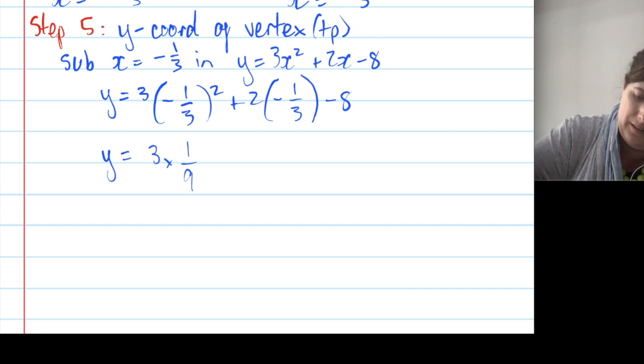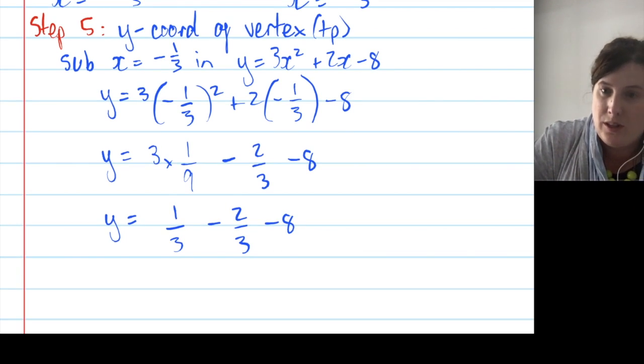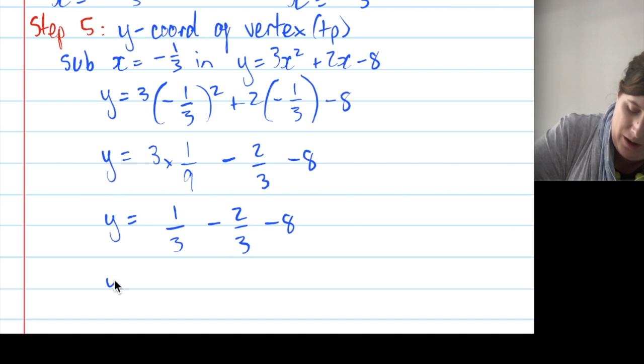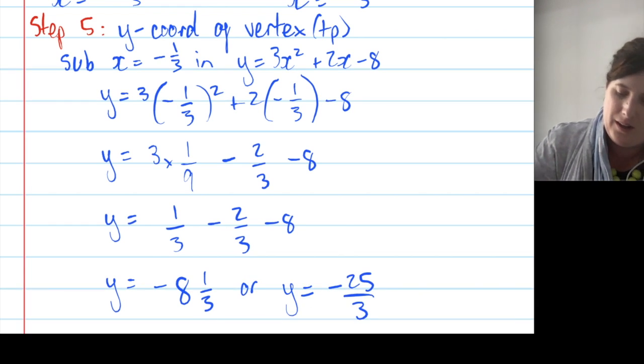So that gives us -2/3 take 8. So I've got 3 times 1/9, well that's 1/3 take 2/3 take 8. 1/3 take 2/3 is -1/3 take 8. So I've got y equals -8 1/3, or y equals -25 on 3. Doesn't matter which.